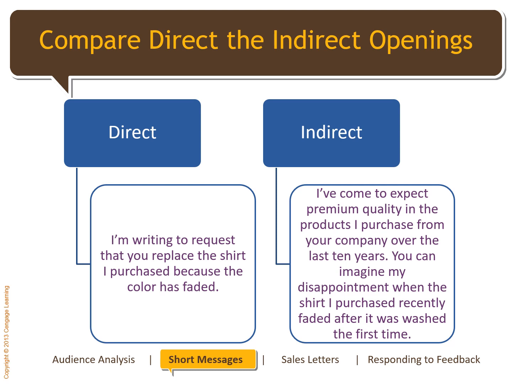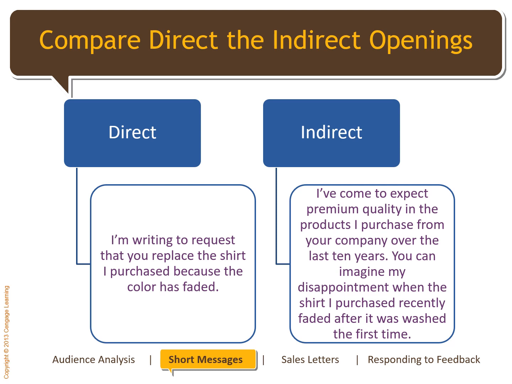In the indirect opening, you present your reasons first. When is this better used? For the situations that we explained in the previous slide. So I've come to expect premium quality in the products I purchased from your company over the last 10 years.